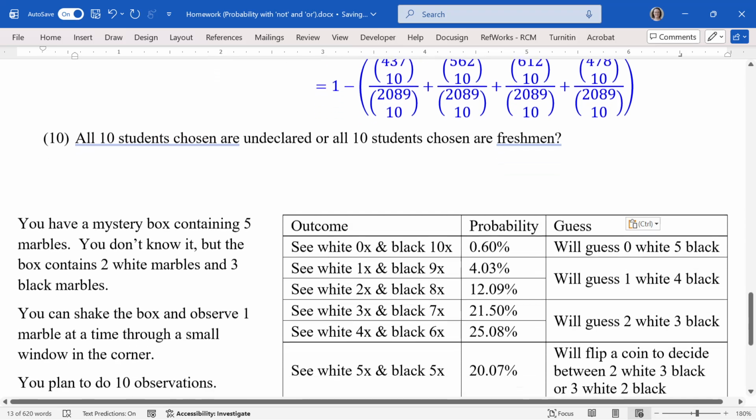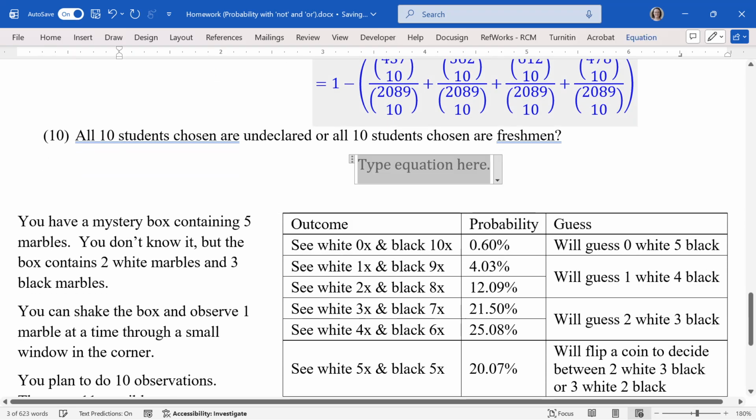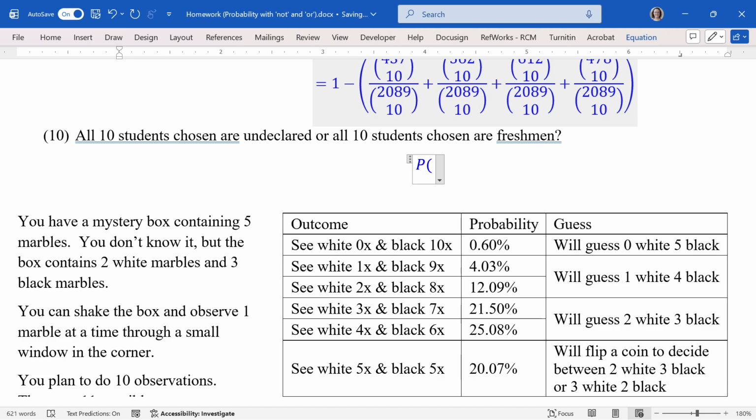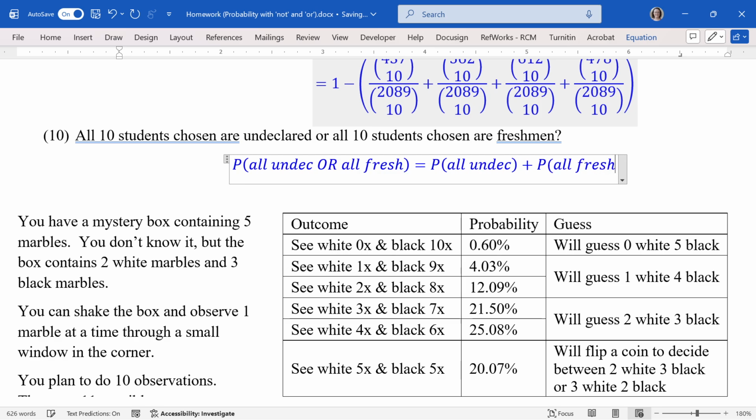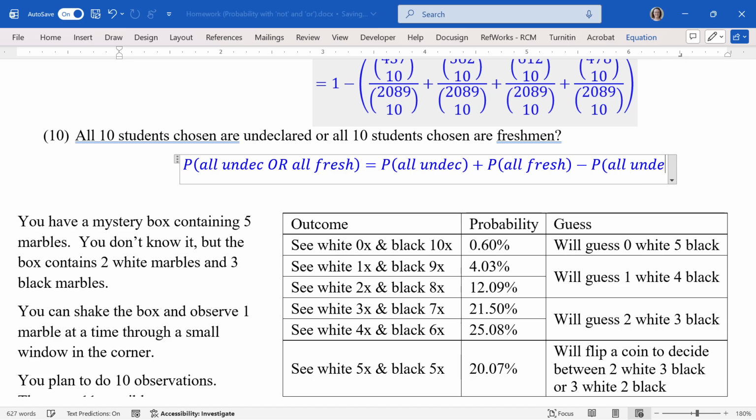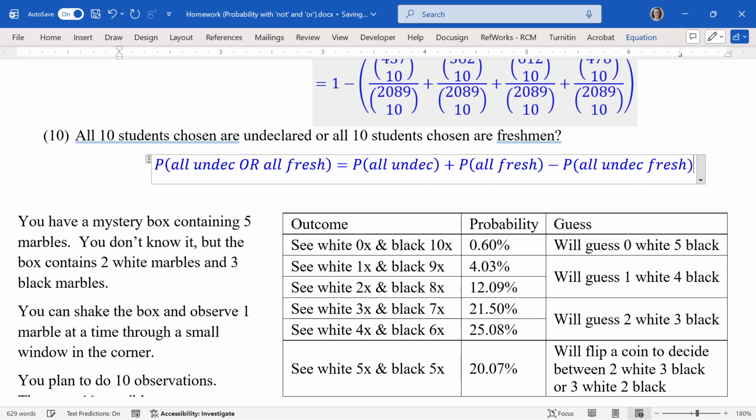So we're going to do probability of all undeclared or all freshmen. I'll just abbreviate like that. It's going to be probability that all are undeclared plus probability all are freshmen minus probability of all, and now we want to have the students that are both, so undeclared freshmen.